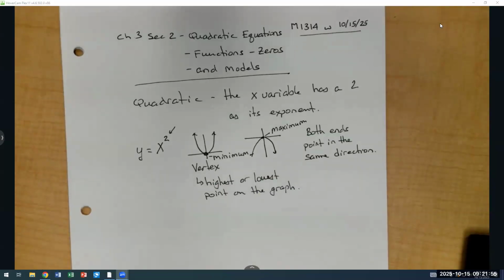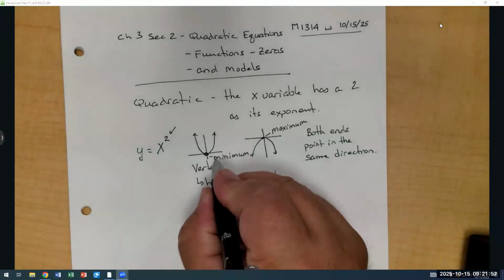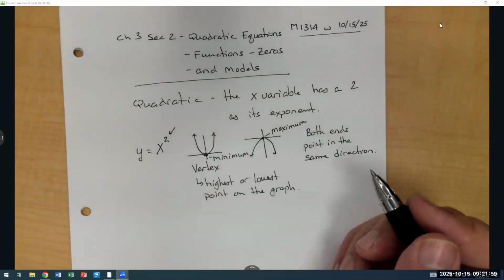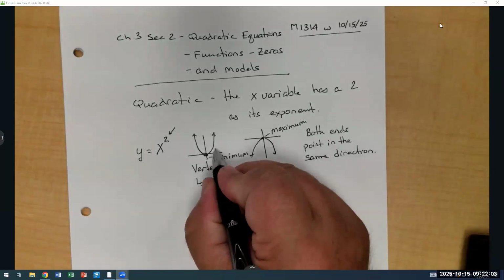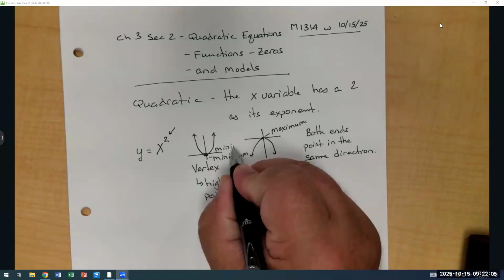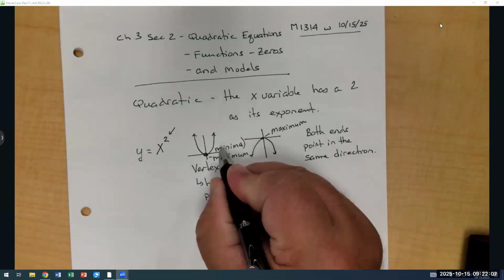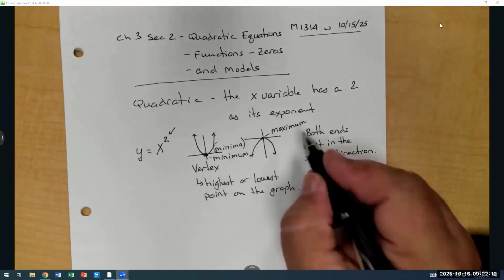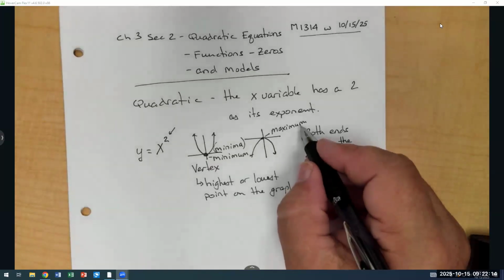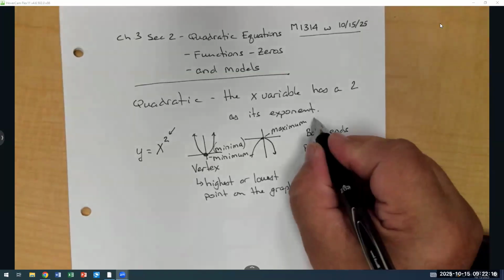The plural of those in Latin, anybody know what the plural of minimum is? Minima. The plural of maximum? Maxima.